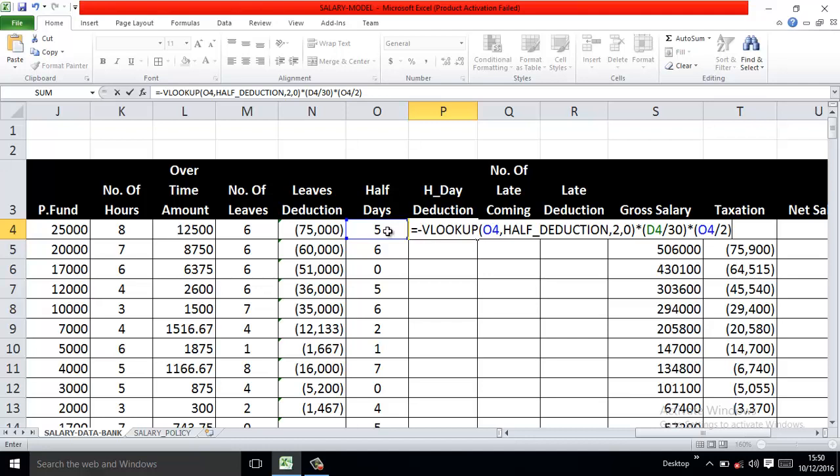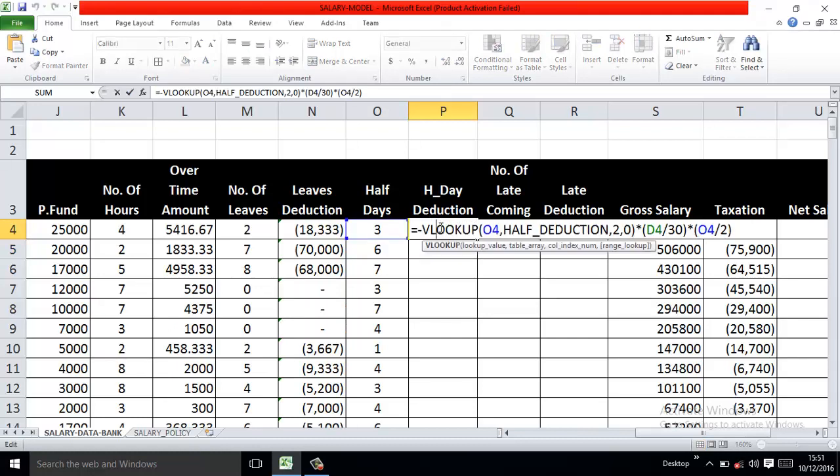Because we have already mentioned that 1 half day is allowed, while on 2 half days there is 1 day salary deduction. In this case, an employee having 5 half days, it means 2 full days salary is deducted, while for the 5th half day 50% of the salary is deducted, total is 2.5 half days salary deduction.